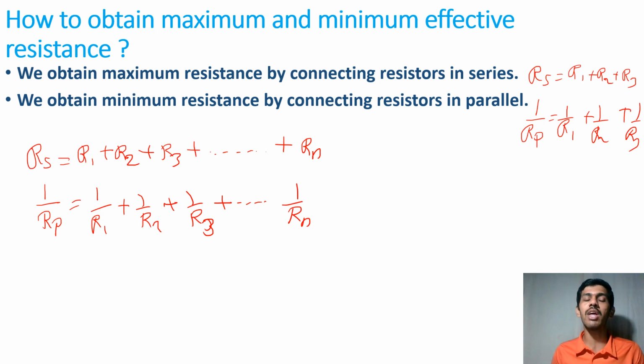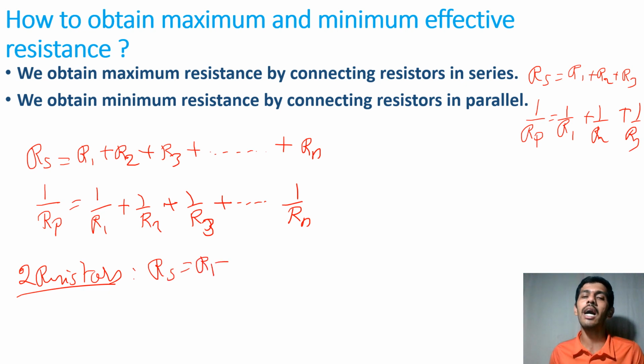Say, for example, if there are only two resistors connected, then the formula becomes very simple. Rs is equal to R1 plus R2, but 1 by Rp is equal to 1 by R1 plus 1 by R2. This you can simplify.